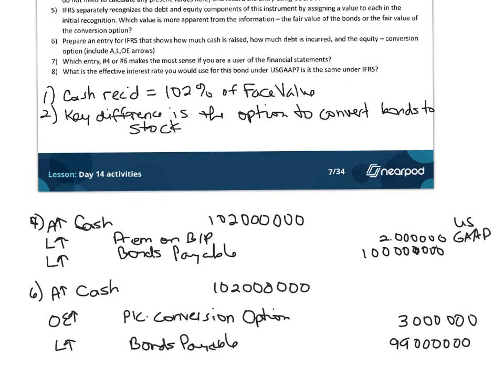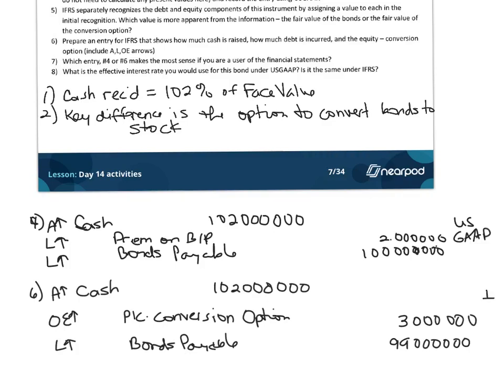That's a balance sheet account. Because part of the cash I received, $3 million, is paid in capital for a conversion option. Okay, part of that $102 million is the value of the bond payable, the promise that I've made to repay cash. So IFRS definitely shows you the split.